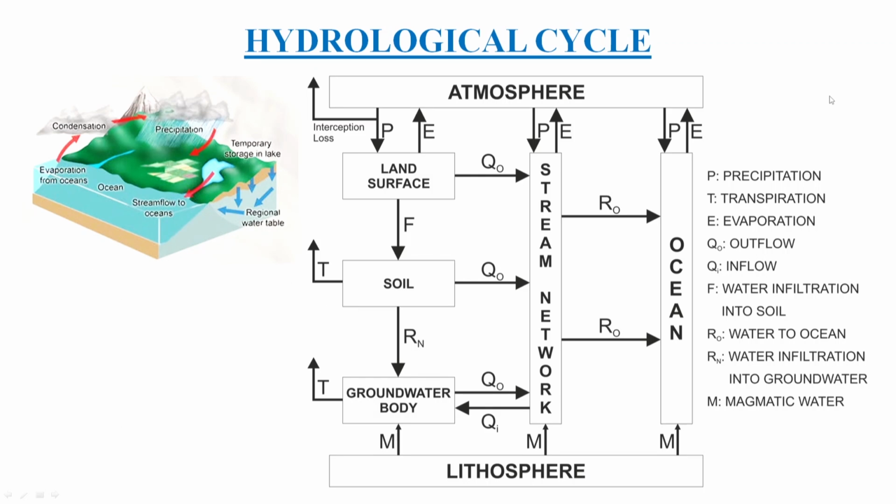Now, like I was mentioning, groundwater is obviously a part of your hydrologic cycle. So, here is a simple diagrammatic representation of how your hydrological cycle is going on. For example, if I start with the precipitation, your rainfall is going on here, and then the water is sweeping away towards the ocean.